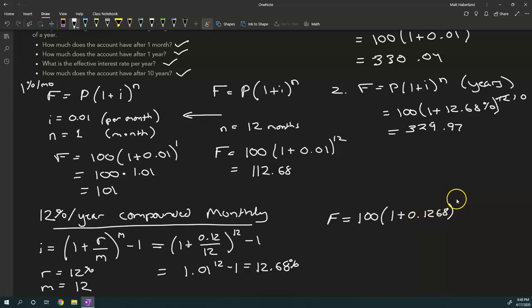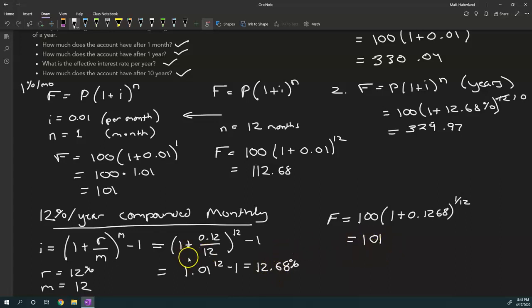How many years do we have? We only have 1/12 of a year. We're figuring out the first problem, how much does the account have after 1 month? If you work that out, it turns out to be 101, right on the nose. So after 1 month, it turns out to be the same.